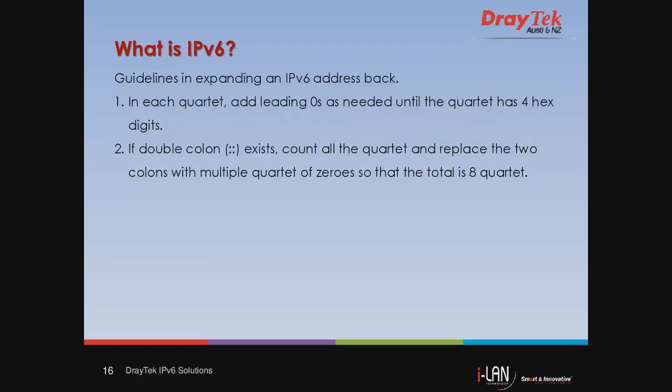There is also a guideline to expand IPv6 back. In each quartet, add the leading zeros as needed until the quartet has 4 hex digits. If a double colon exists, count all the quartets and replace the two colons with multiple quartets of zeros so that the total is 8 quartets.